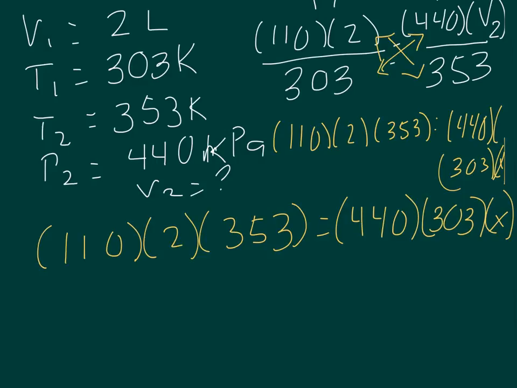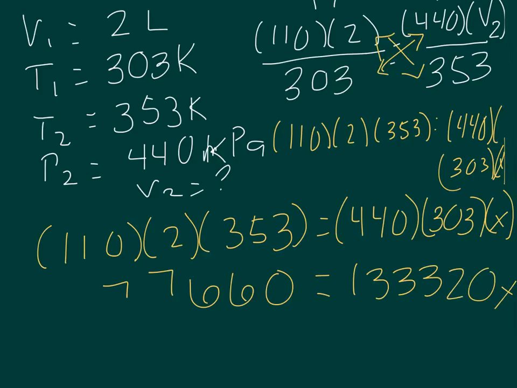When I plug this into my calculator, I take 110 times 2 times 353 and end up with 77,660. I set that equal to 440 times 303 times x, which gives me this.